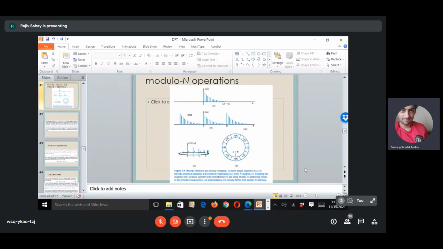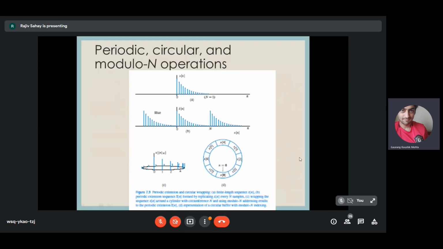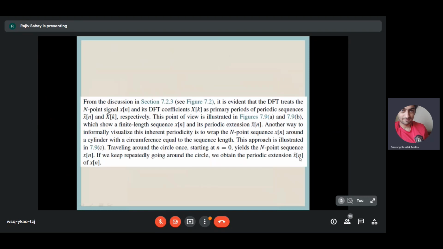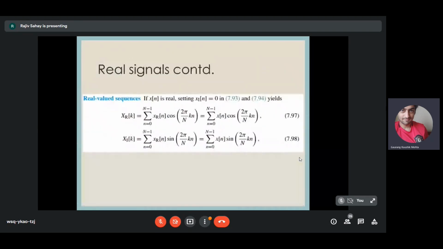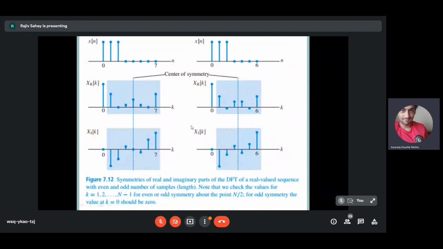So whatever we had as capital N equal to 8, the center of symmetry will pass through the index 4. See, this is the index 4: 1, 2, 3, 4. Whereas for N equal to odd, that is capital N equal to 7, the center of symmetry will pass between two values of k, in between.